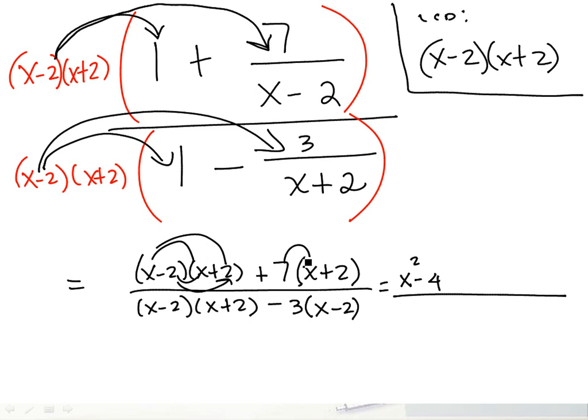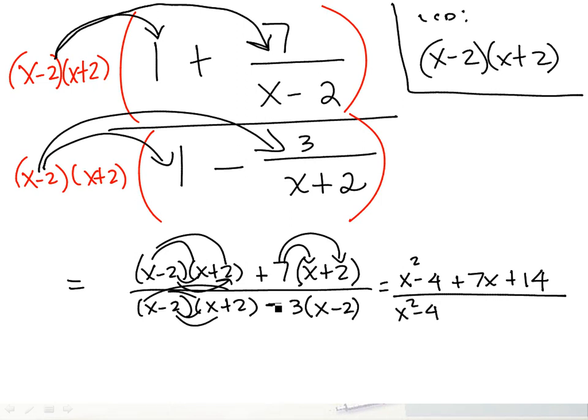And then multiply this out, you get plus 7x plus 14. Again, if you distribute this and FOIL it out, you should have ended up with x squared minus 4.